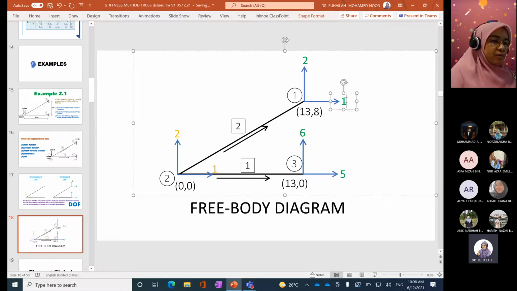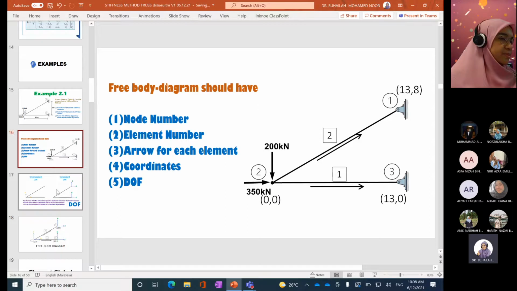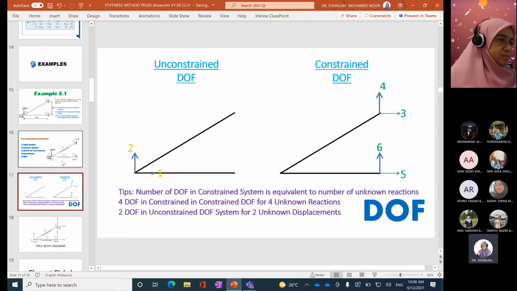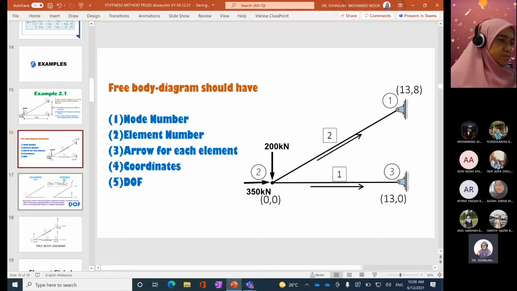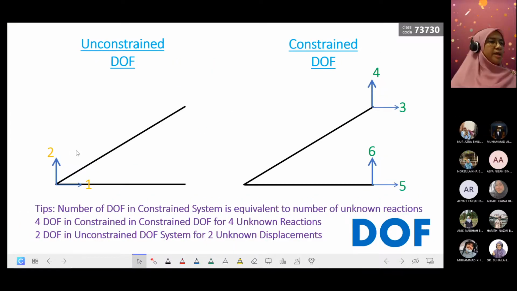Yang ni 3, 4. Okay, macam ni. Okay, ni baru betul. Okay, so 1, 2 unconstrained tu sebab kat situ tak ada support.